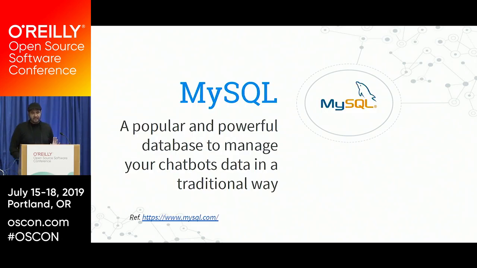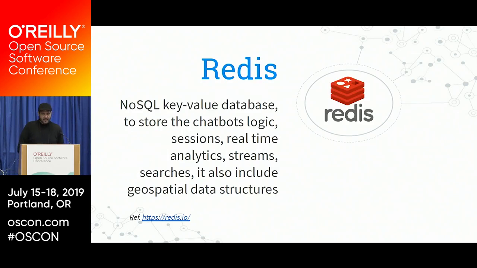MySQL is a popular and powerful database to manage information, so you can use it to store that information. And Redis is another NoSQL database. For me, it's the base of this solution. It has really fast access to the data, like 1 million instructions per second that you can process at a time.